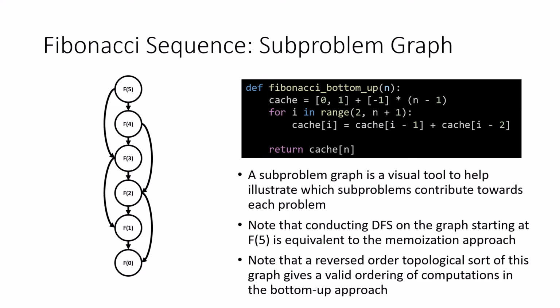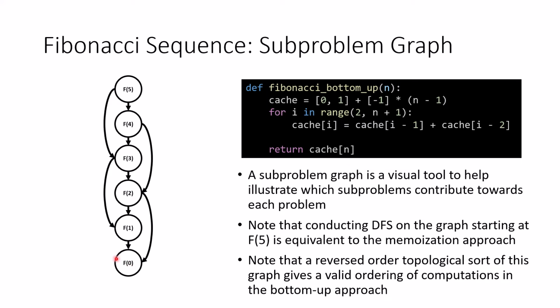So if you were to try to solve f of 5 and connect that to memoization, that's basically equivalent to running a depth first search on our subproblem graph. We start off at f of 5, we explore all of our options, and eventually we reach f of 0.